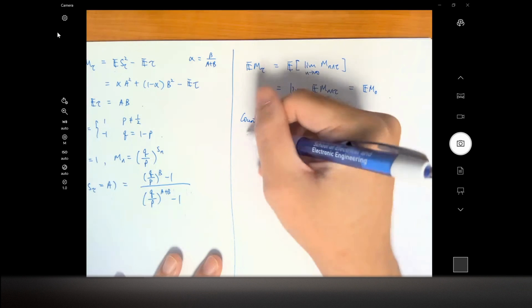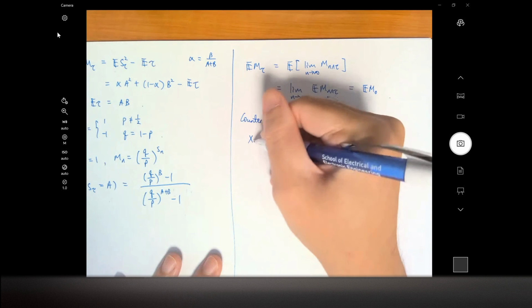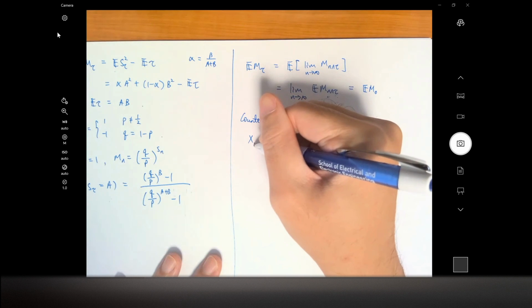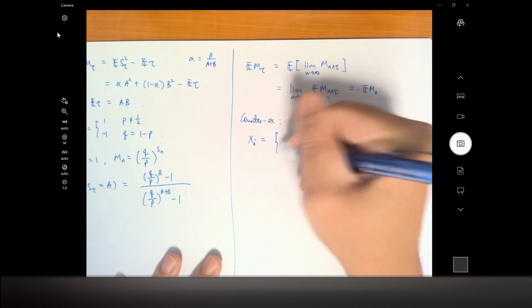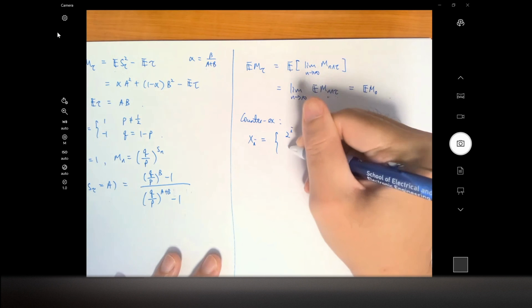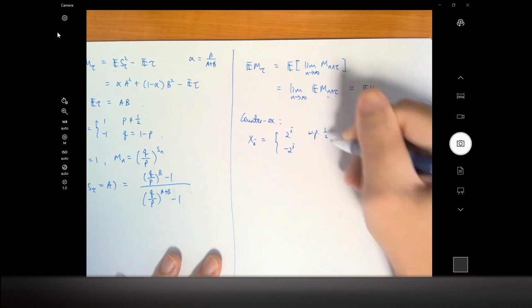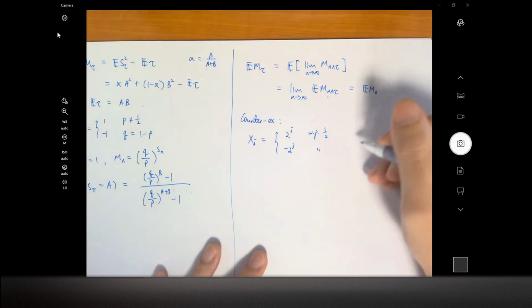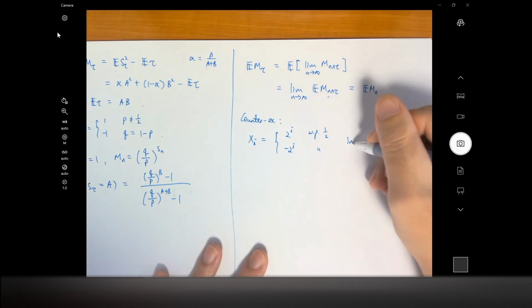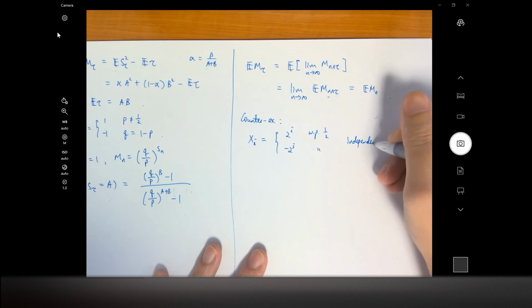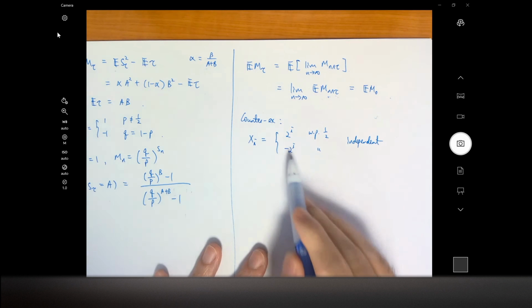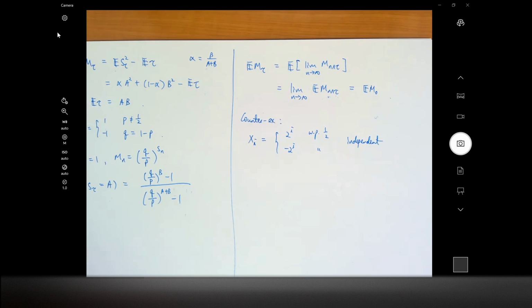So here we have Xi defined to be 2 to the power i or minus 2 to the power i, okay, with probability half. And these are independent. Okay. But they are not IID anymore because at each time i, the distribution is different.